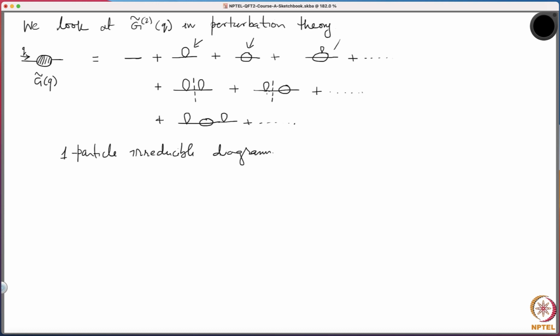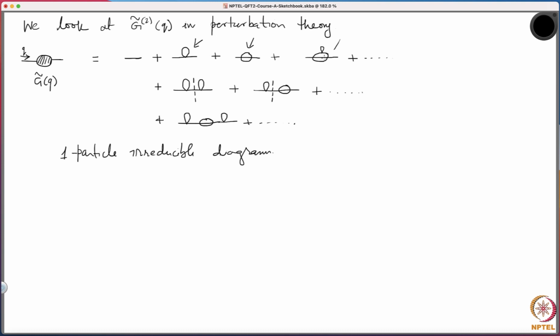But here, there is no single line which you can cut and get two diagrams. So if upon cutting one line you get two diagrams, then it is reducible, otherwise it is irreducible.